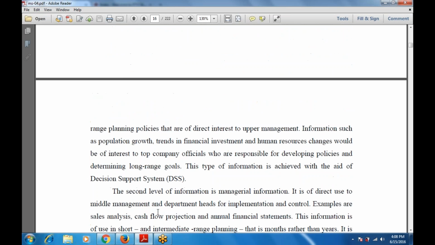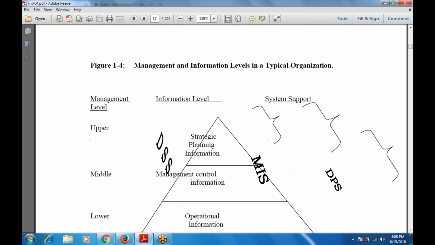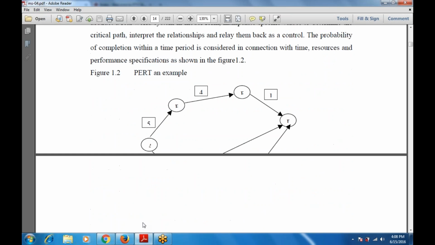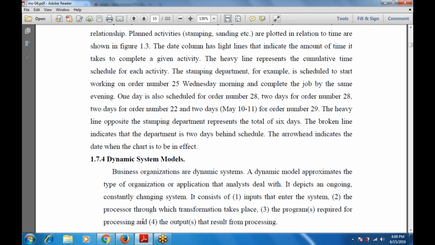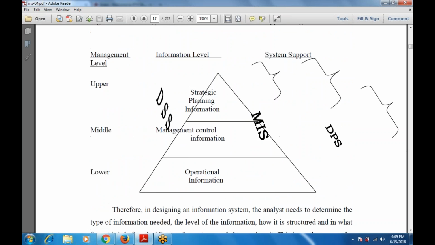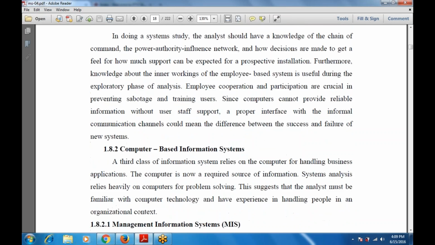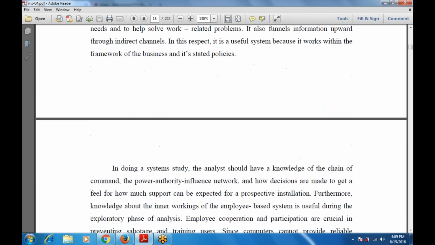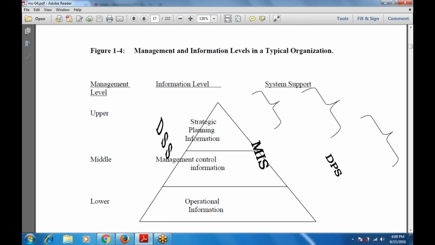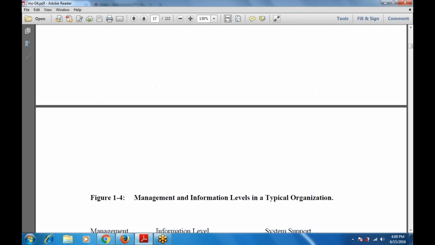Now let's see figure 1.3. So this represents the data that is used with the system model, with the help of the Gantt charts.